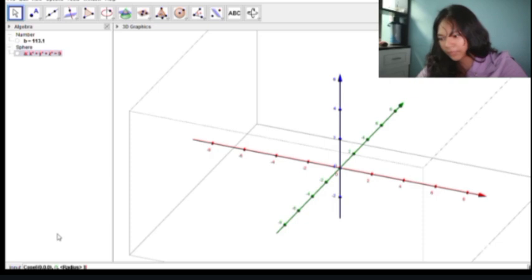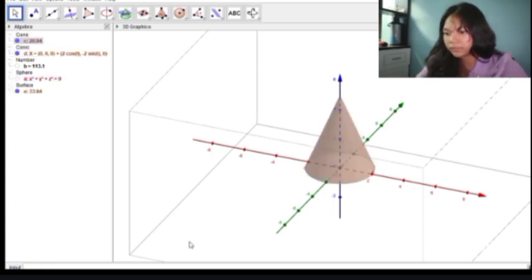The other point would be the height, 5. The radius would be 2. So this is our cone.